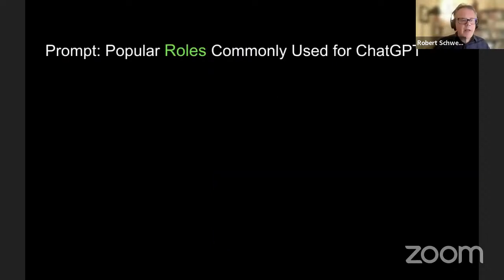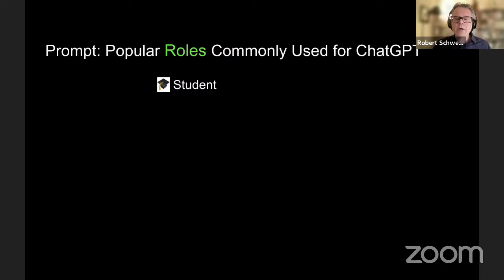So some roles that are commonly used for ChatGPT, you may say, from the perspective of a student, please critique my essay. So I may have an essay. I may want ChatGPT to critique it. So I might say, hey, act as another student, and please critique my paper.